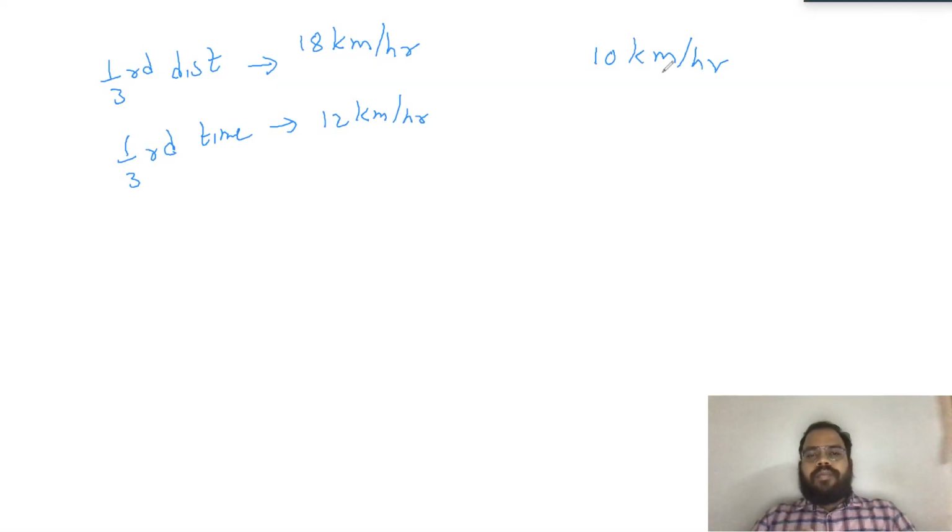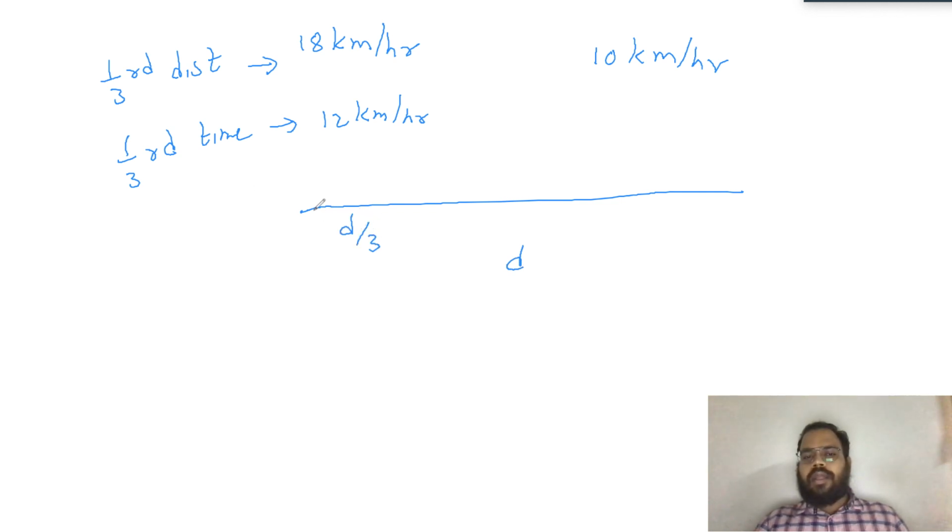And stop. So in this they have combined distance and time, so you have to draw your diagram clearly to look at what it is. Firstly, let's assume the total distance is d. He's saying for 1/3 distance, the car is traveling with 18 km per hour. Let's say this is my d by 3.